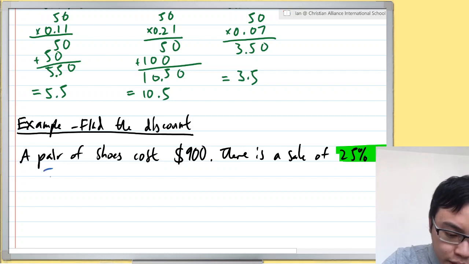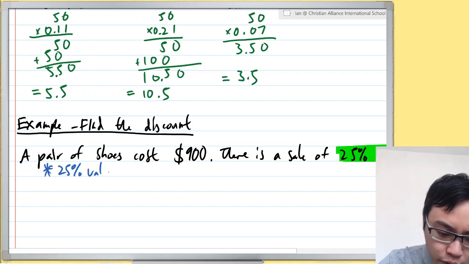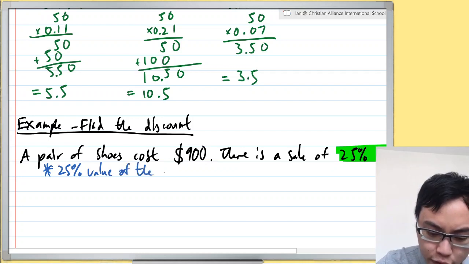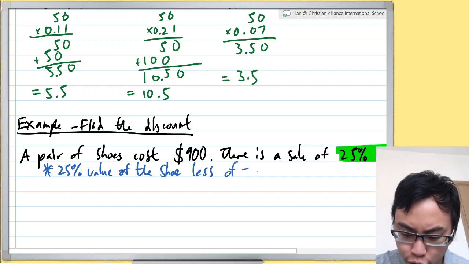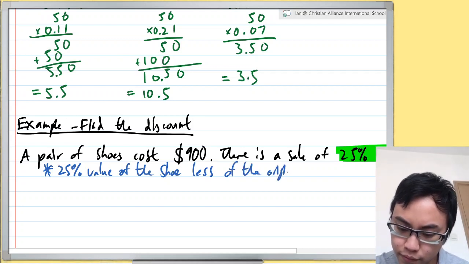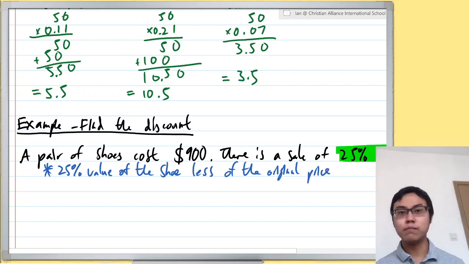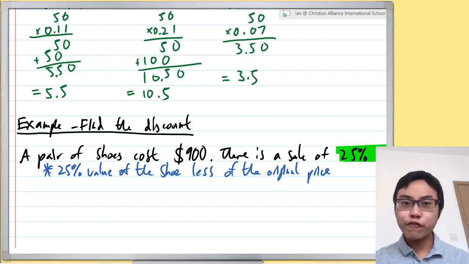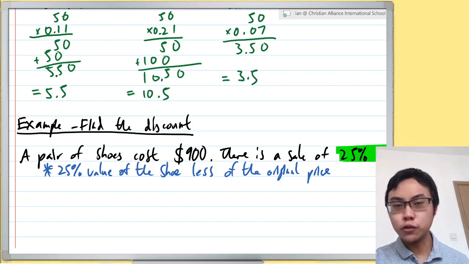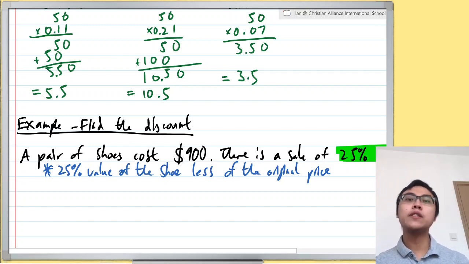That means it is 25% value of the shoe less of the original price. So hopefully this makes it slightly easier to understand. So if the shoes cost $900, first we want to find 25% of the shoe, of 900, and then we want to take away that value from the original.